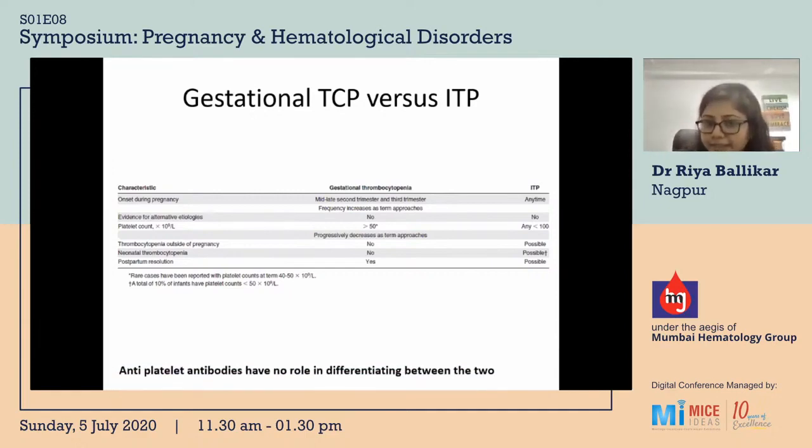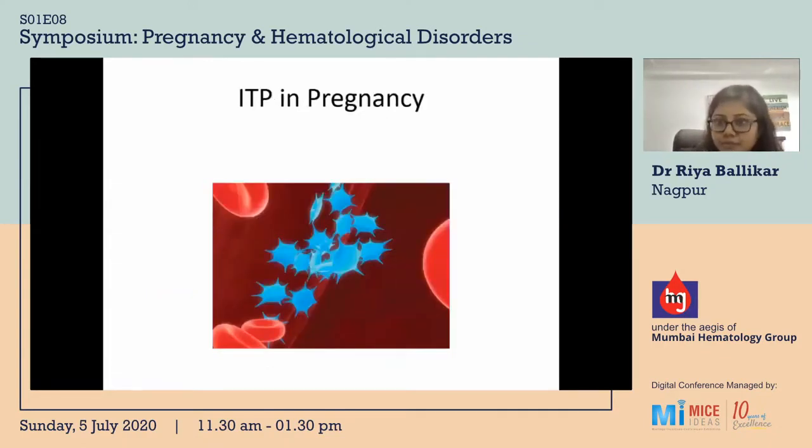Some people believed that antiplatelet antibodies had a role in differentiating the two. We still have clinicians who use antiplatelet antibodies, but they have no role in differentiating between the two. They can be positive in normal pregnant ladies as well, even without any thrombocytopenia. So they are neither sensitive nor specific.